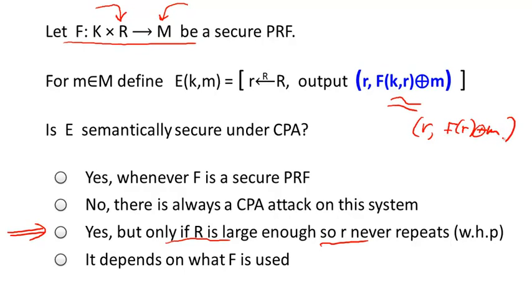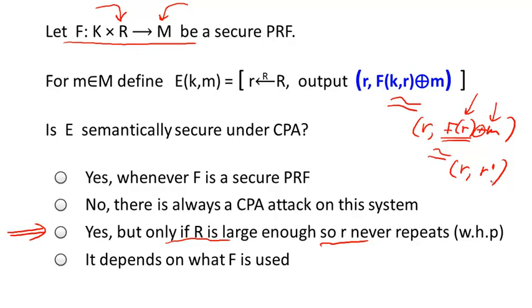But since this little r never repeats, every ciphertext uses a different little r, what this means is that the values of f(r) are random, uniform, independent strings every time. So every time we encrypt a message, we encrypt it essentially using a new uniform random one-time pad. And since XORing a uniform string with any string simply generates a new uniform string, the resulting ciphertext is distributed as simply two random uniform strings.